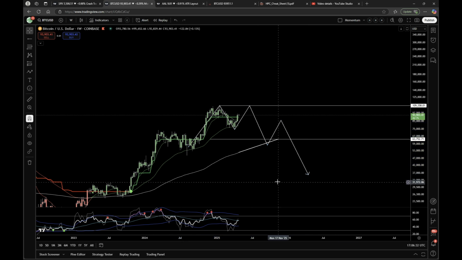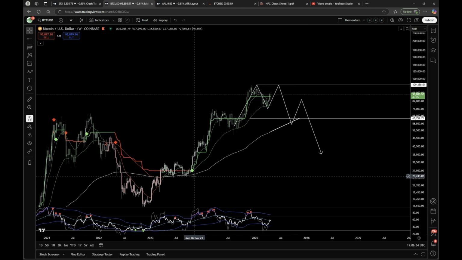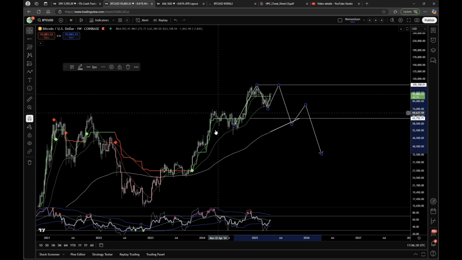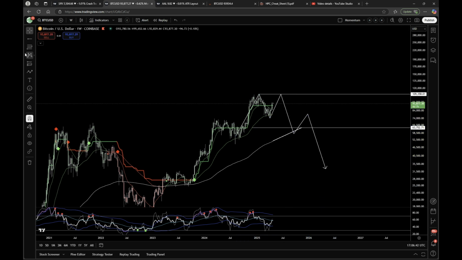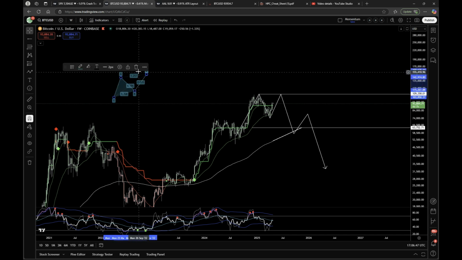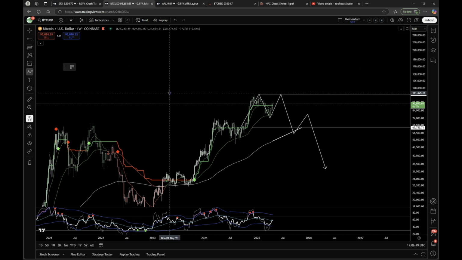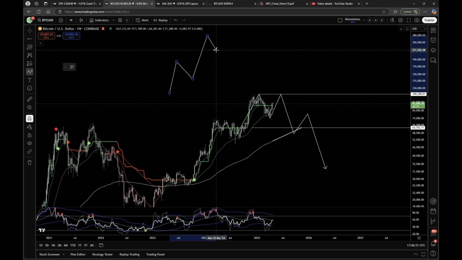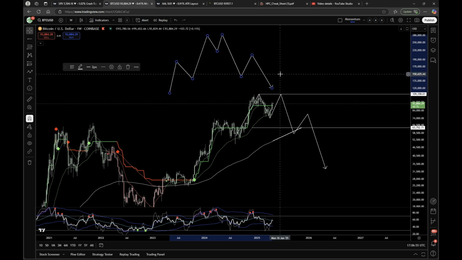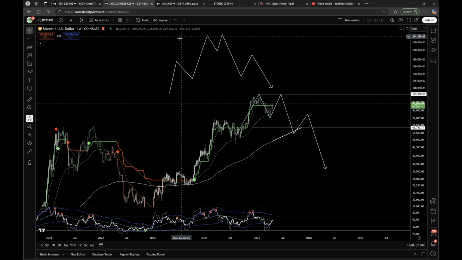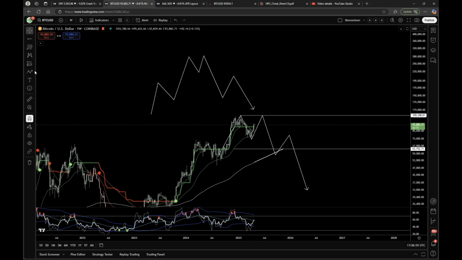So we have the structure up, then almost a mirrored structure down. So we form that common universal pattern, and you can flip it over and run it the other way too.